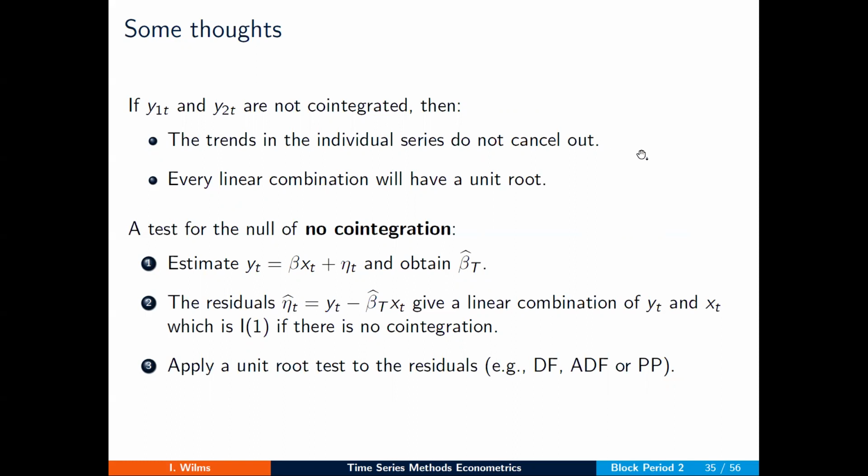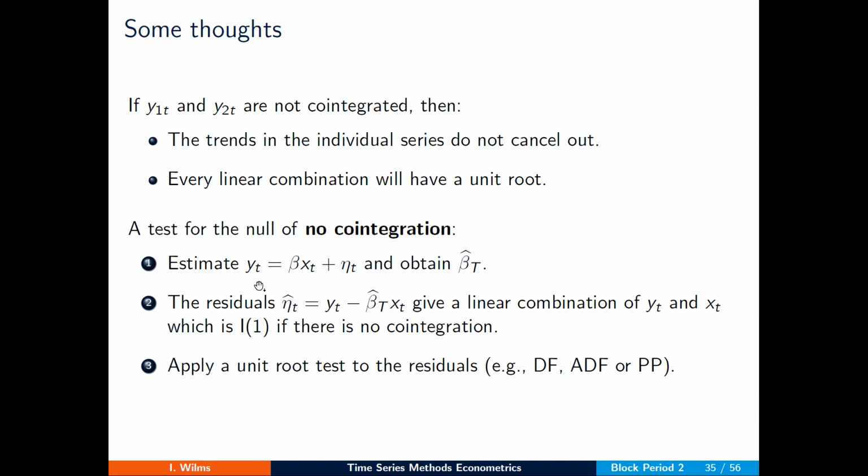So if we are able to perform a unit root test on a linear combination of x and y, and this test would indicate that it is stationary, then we would find evidence of cointegration. So this is also our test for the null of no cointegration. This is also how our test will work.